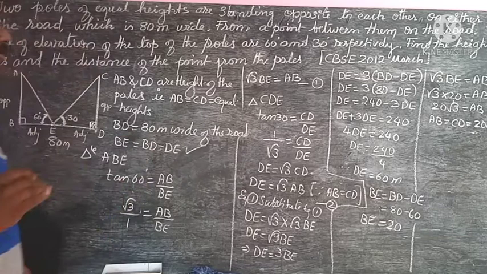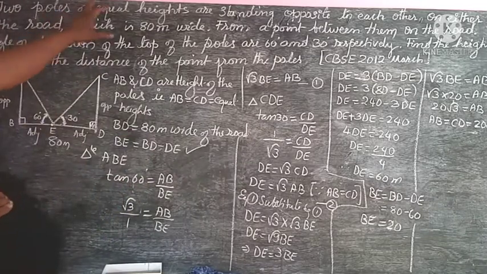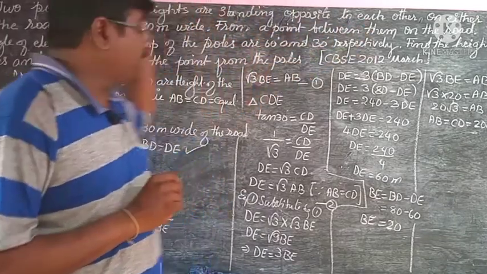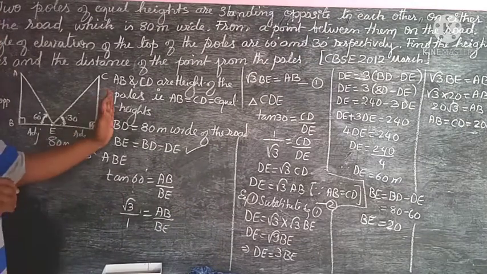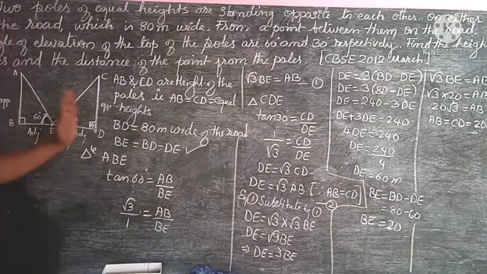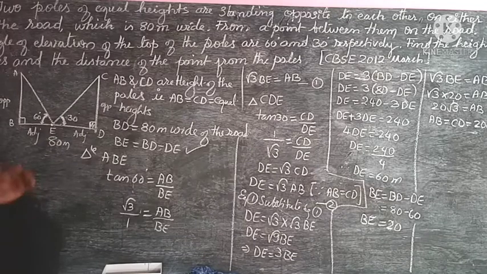Are you understood? So how did we solve this one? You read the question carefully and draw the diagram. After we draw the diagram, then we can easily solve the problems.